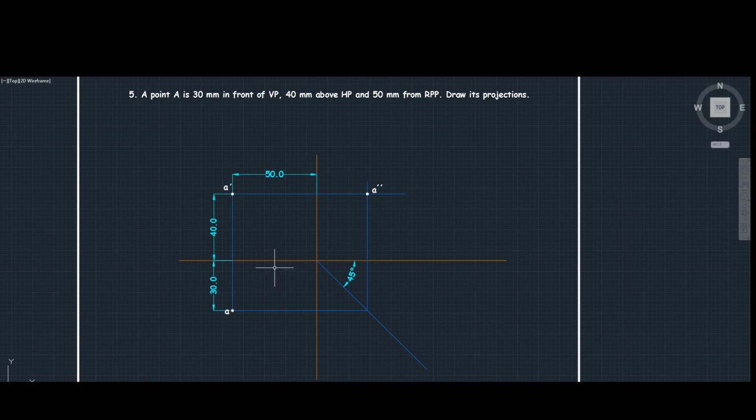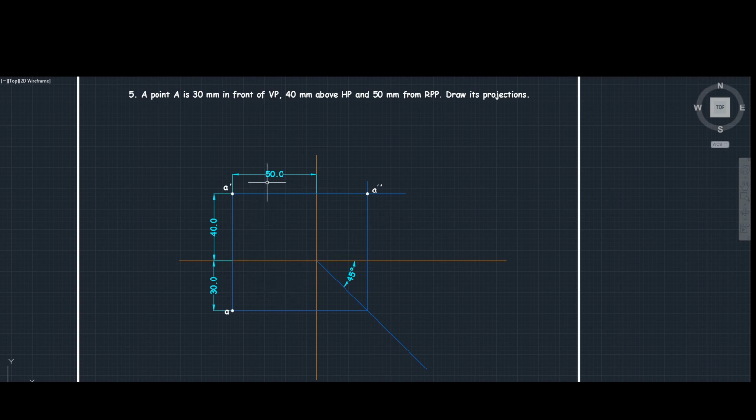So the XY line, the X1 Y1 line, the projectors, the dimensions, all with the 4H pencil. The points with A dash, A double dash, and the dimension, that is 40, 30, and all this with 2B pencil. So that difference has to be maintained. If you draw everything with the 2B pencil, then it's going to spoil the drawing.